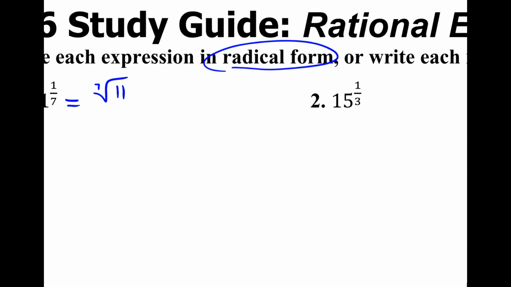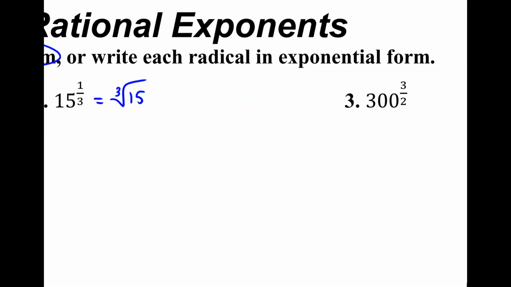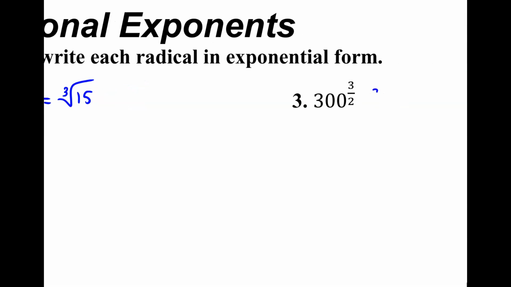What about this next one? Cube root 15. 5? No. 5 times 5 times 5 is 125, not 15. Ah, okay. So I want the cube root, 300. Oh, sorry. The square root of 300 cubed.